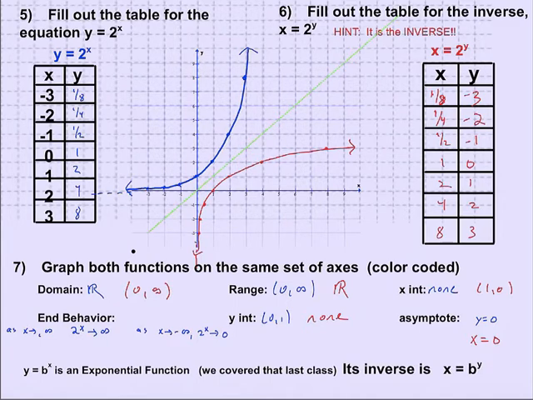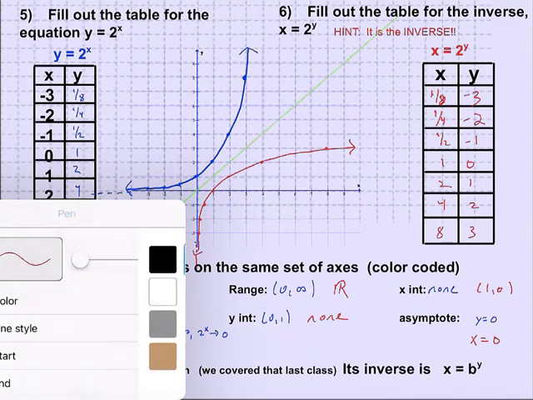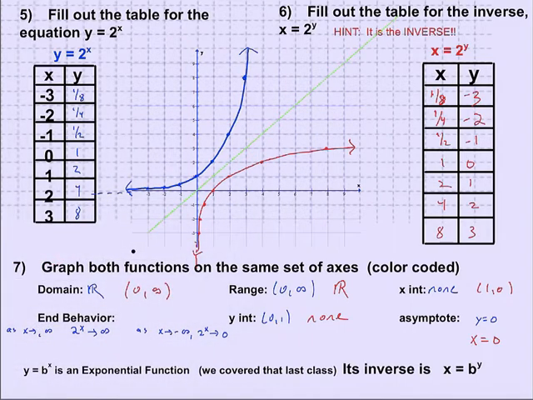And then for my red function, I've got a slight problem here. I can't use the same notation as I did before, but I can still say my end behavior is going to be flipped around from the last one.